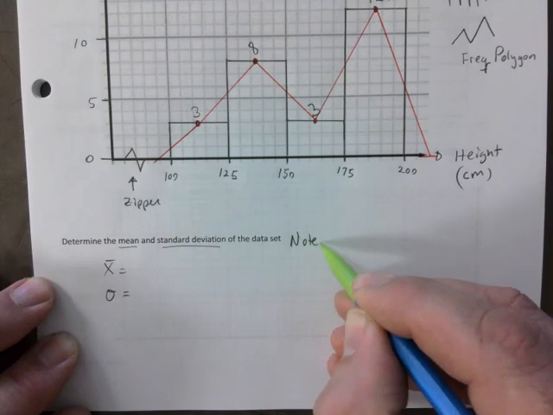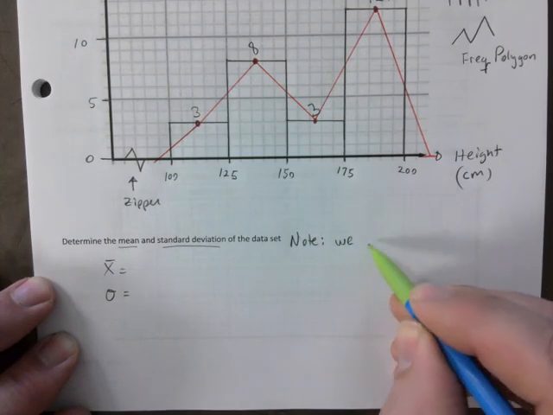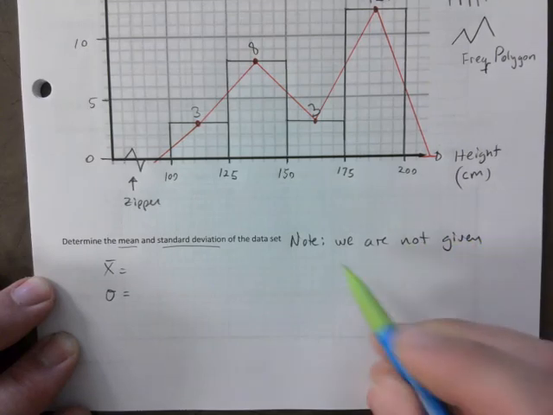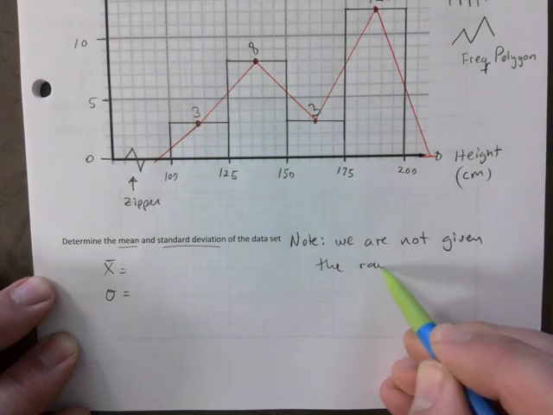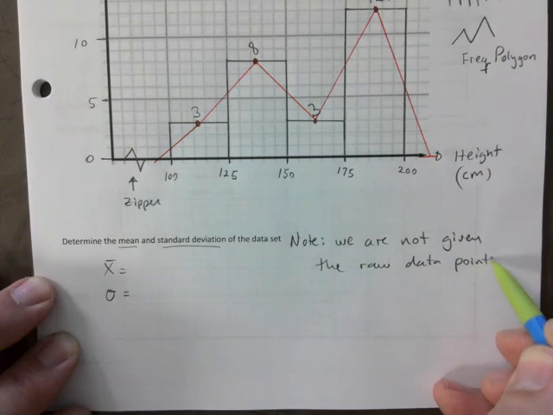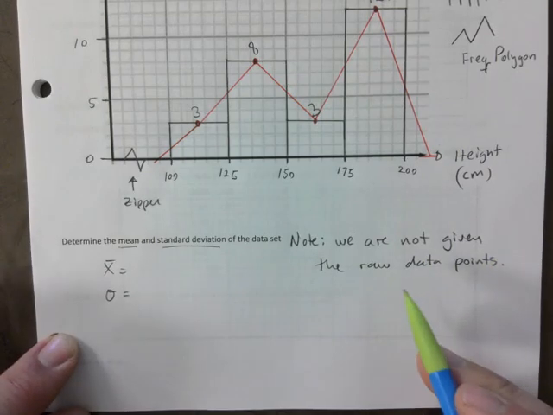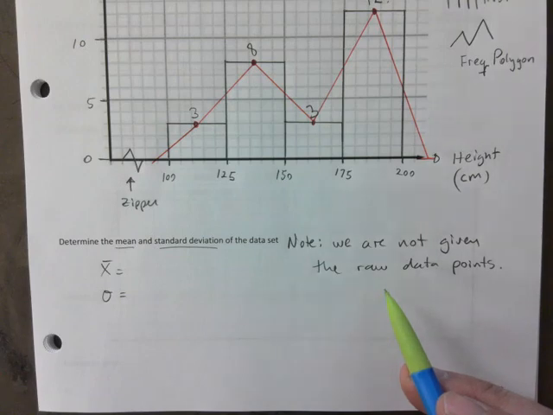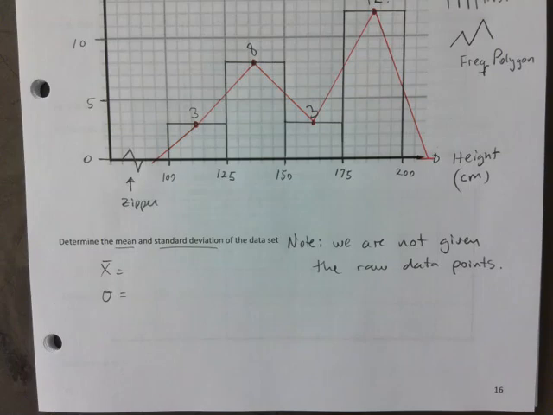Note, we are not given the raw data points. What does this mean? You're not given the raw data points. Do you have the measurements of every single tree individually, like a table with all those measurements? We don't have that raw data. We just have the table. Somebody created that table for us.